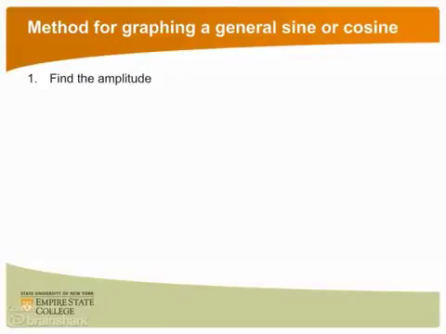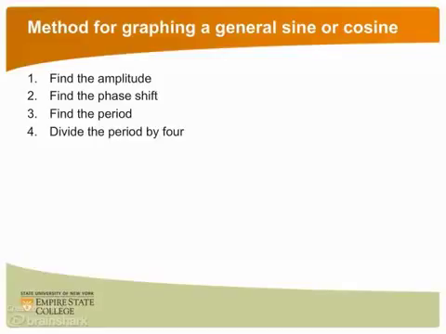Since this is the maximum value for the function, it gives us an idea how to label the y-axis on our graph. Next, we find the phase shift. The phase shift lets us know where our graph needs to start. Find the period. Now we know how far in the x direction we need to travel before our graph completes its full cycle.